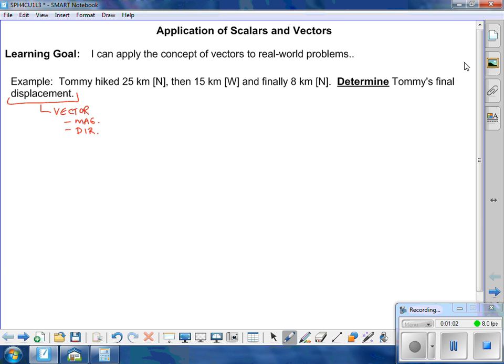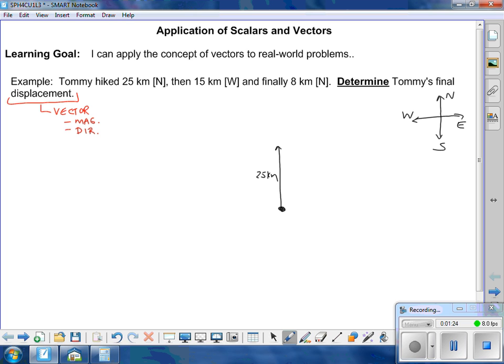So you need to give yourself a quick sketch. It doesn't matter where you start Tommy. Here's Tommy. He went north 25 kilometers. Then he went west. As a reminder, for those that don't remember, never eat soggy worms.